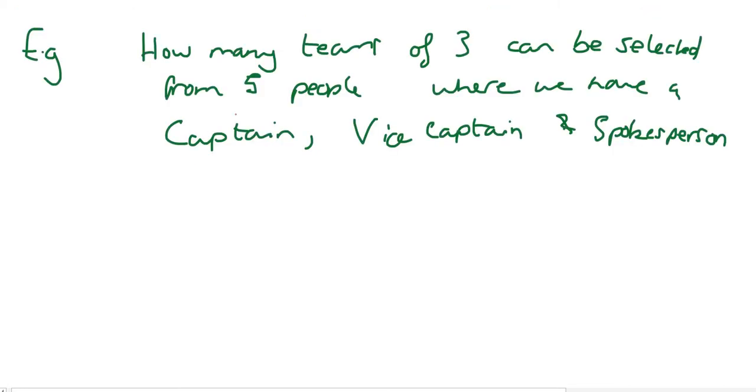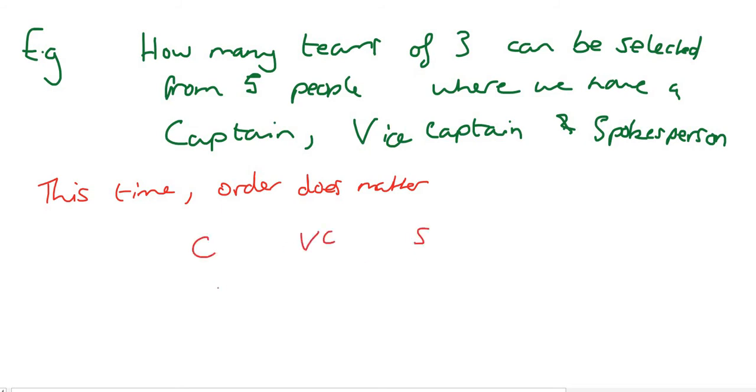Okay, so this is our problem. How many teams of 3 can be selected from 5 people where we have a captain, vice captain, and a spokesperson? So this time, the order does matter, and hopefully you can see why. If we say captain, vice captain, and spokesperson, and we've got Alice, Bob, and Eve again, this is a different team to having Eve as captain, Alice as vice captain, and Bob as spokesperson.